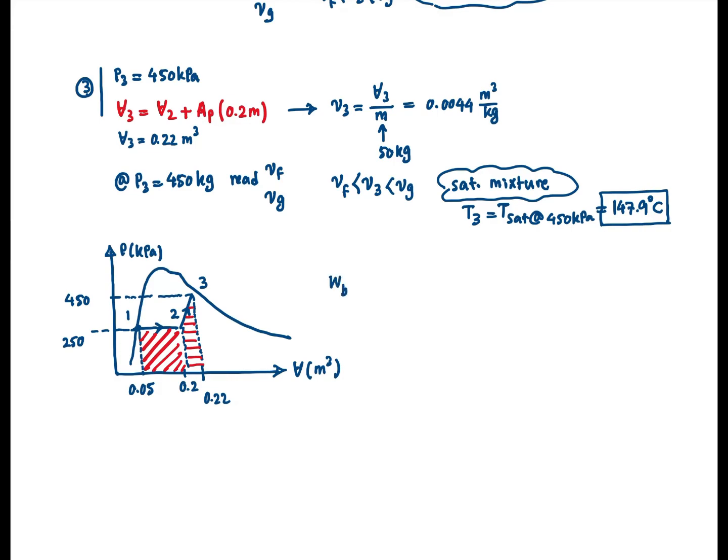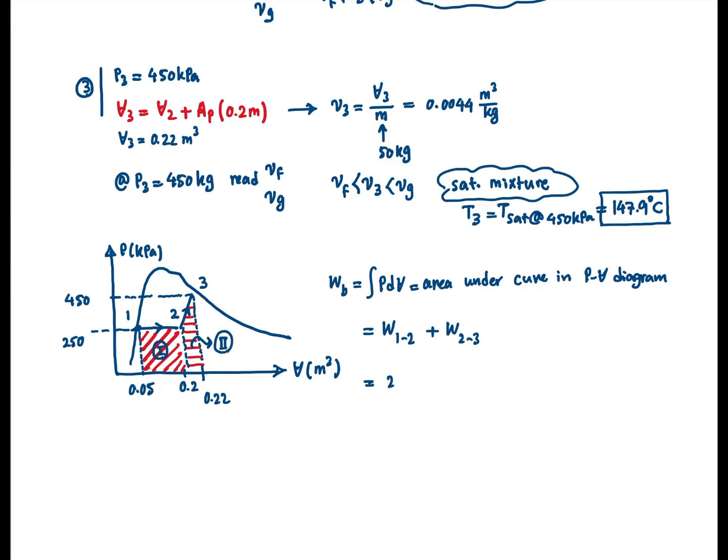Boundary work or total boundary work is integral of P dV, or the area under the curve in PV diagram. It is actually the boundary work during process 1-2 plus work during process 2-3, which is actually this area plus this area.